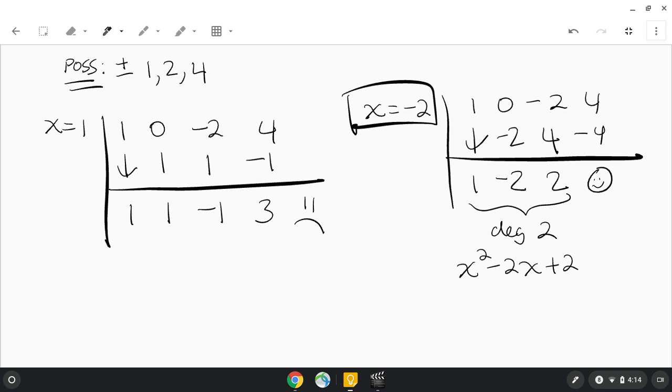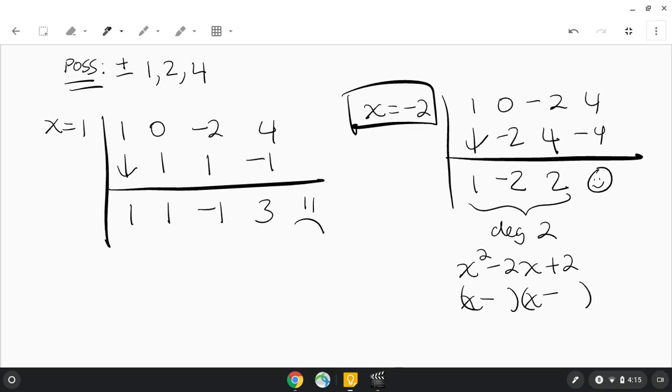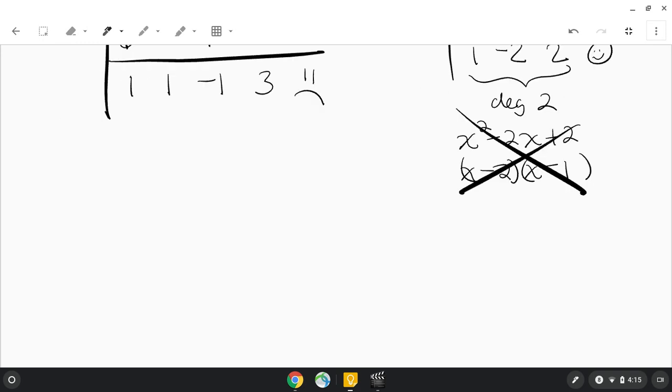Let's see if this factors: x times x, both of these negative, 2 and 1. That doesn't work, so unfortunately this is not factorable. So we're going to go ahead and use the quadratic formula to solve that quadratic.